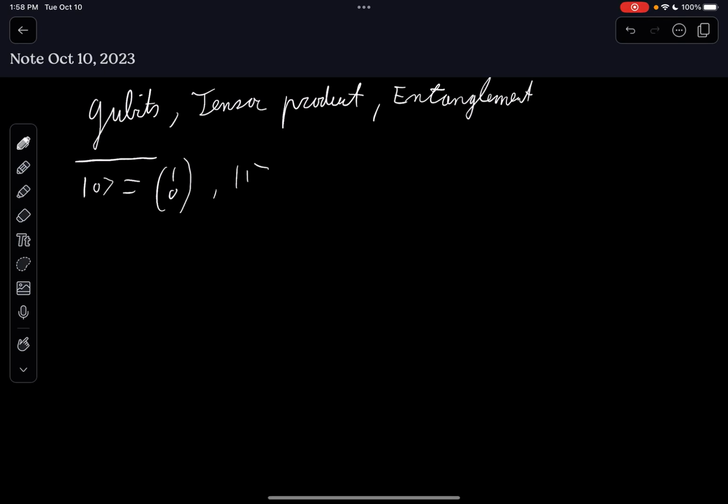Similarly, we have the 1 state, which is almost the same, except we have the 1 now in the second entry. For convenience, these are called the 0 and the 1, and in this geometric picture, the 0 would correspond to up, and the 1 would correspond to down.